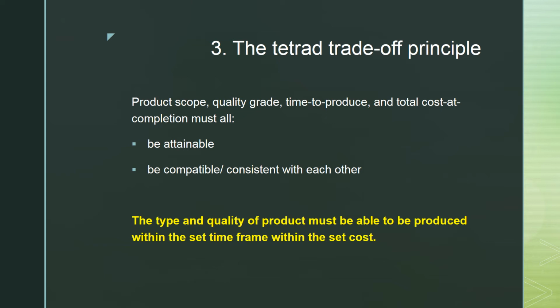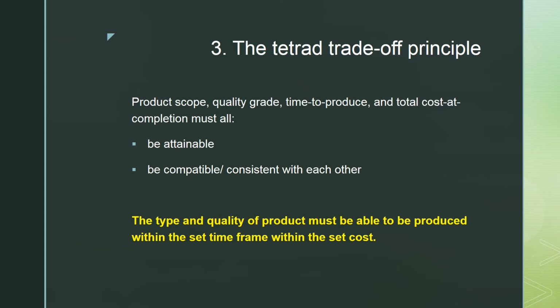Total cost at completion must be compatible as well. If you say, right, I want it to be grade A quality level, and grade A goes for £9 million, but you have in your budget 3 million, it's not working. It's not going to work because a particular grade goes with a particular cost, right?